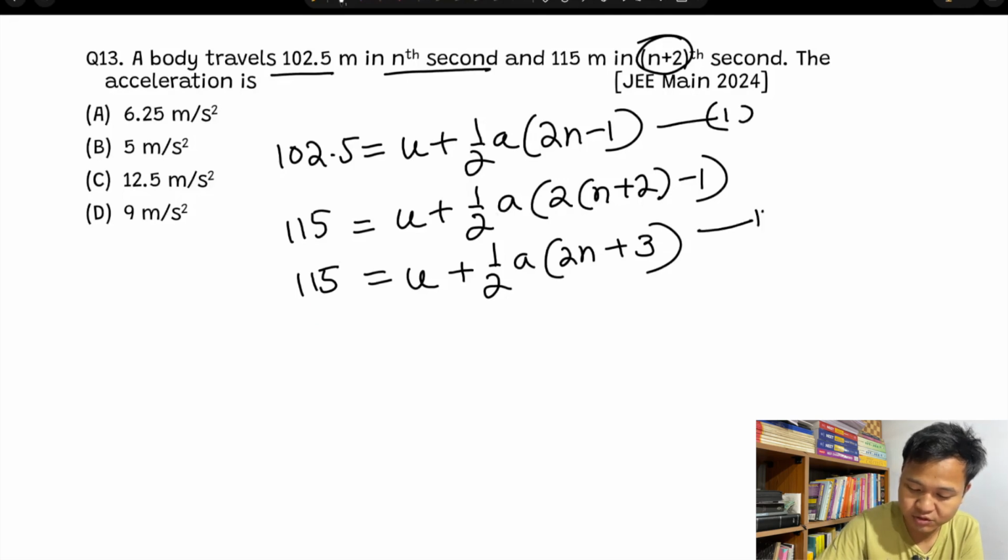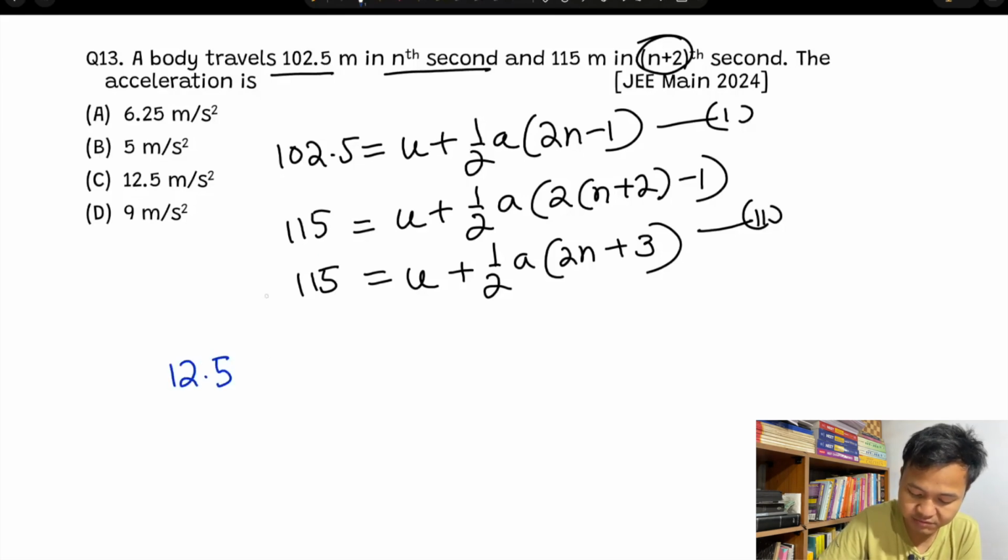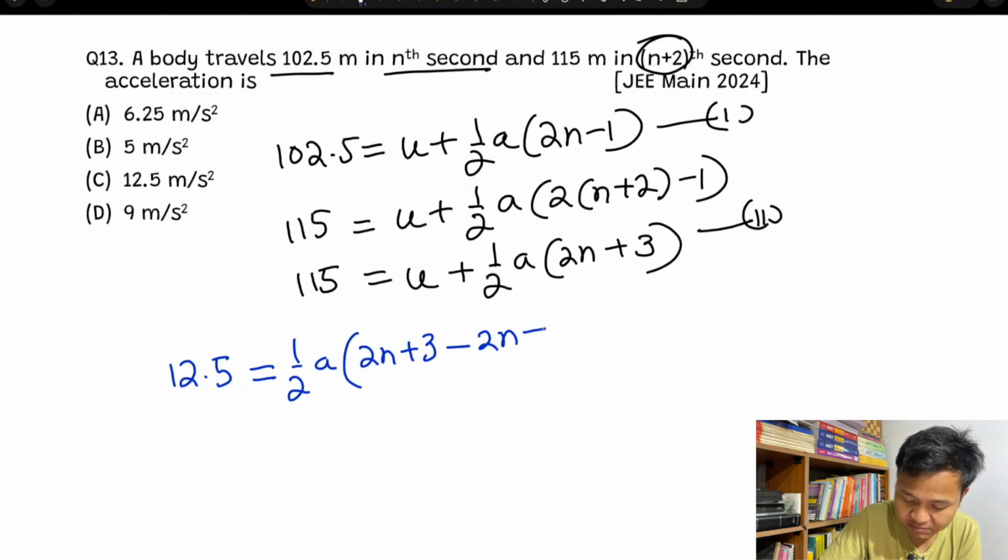Equation 1, equation 2. So you subtract these two. 115 minus 102.5 you'll get 12.5 equals, so u minus u is 0, so half a into 2n plus 3 minus 2n minus 1.